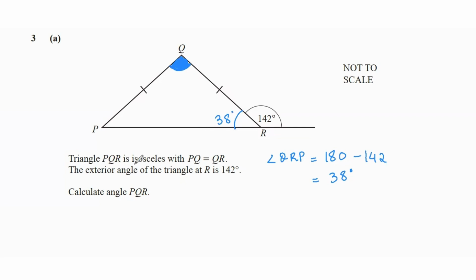Now we know that this is isosceles, which means two lengths are equal and so are two angles. So this is also going to be 38. So now angle PQR is going to be 180 minus 38 and again minus 38, which is going to give us 104 degrees. That's your answer.